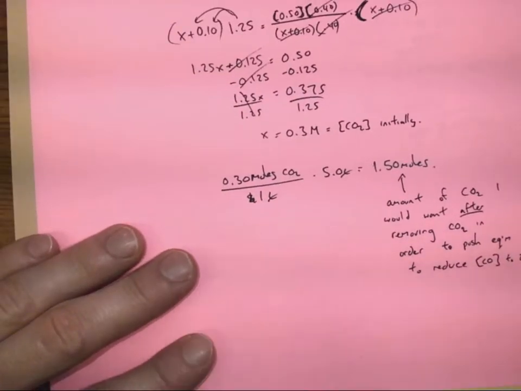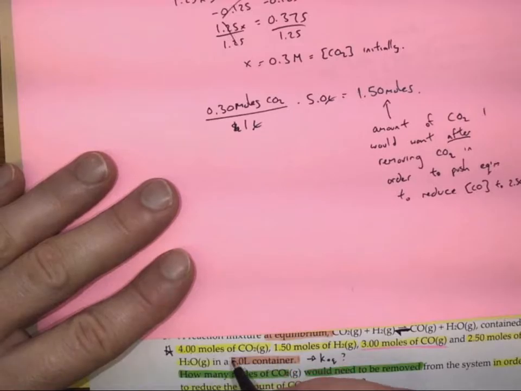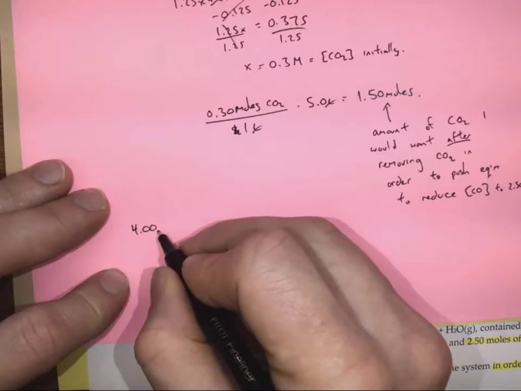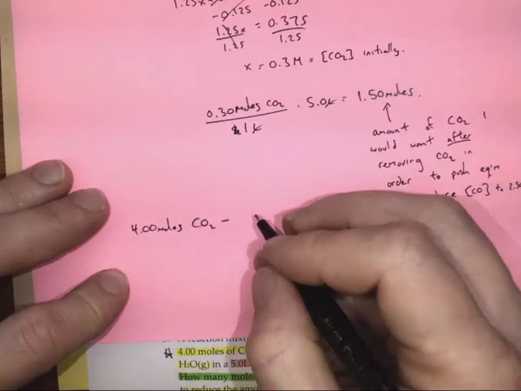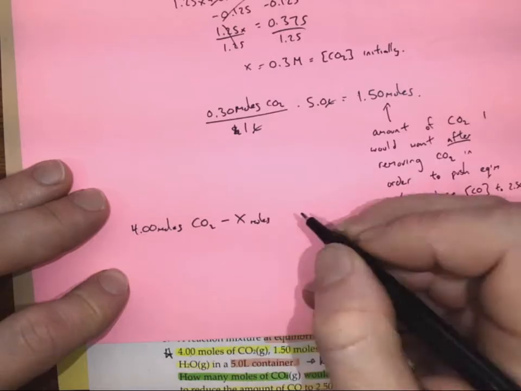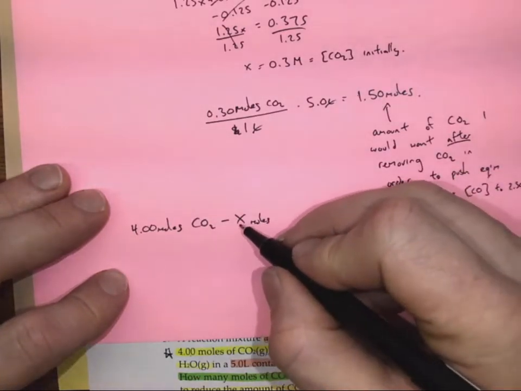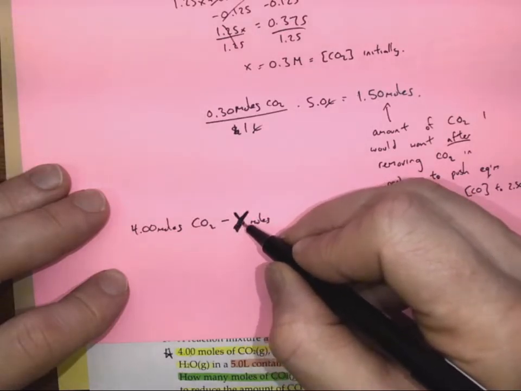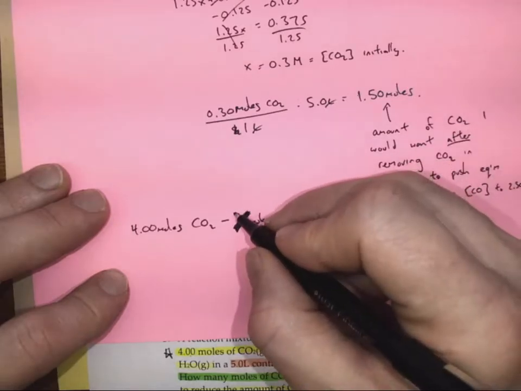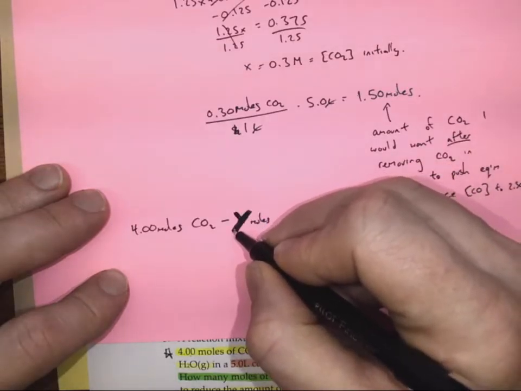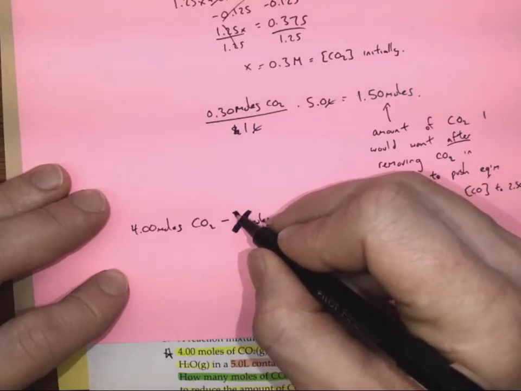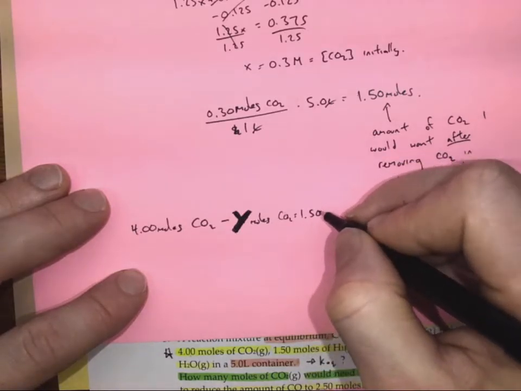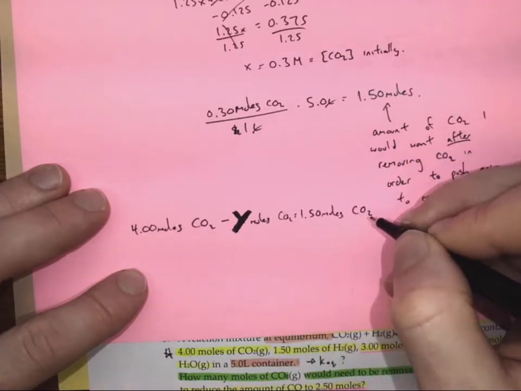So I'm going to start with my 4.00 moles. If I have my 4.00 moles CO2, I'm going to remove x moles. Maybe I shouldn't use x, I just used x. Let's say y. Big fat y. So letter y, nice and neat, of CO2 is going to leave us with 1.50 moles CO2.